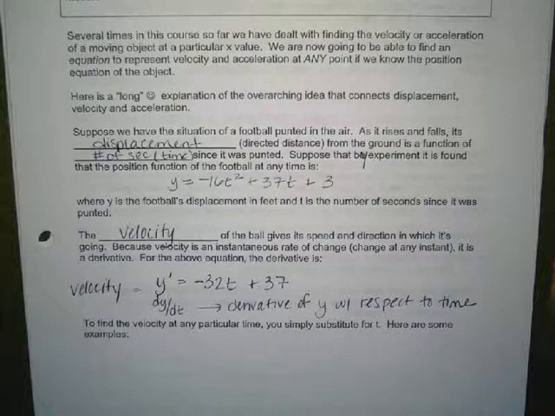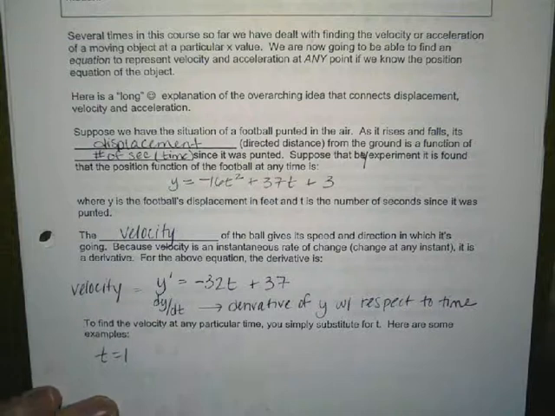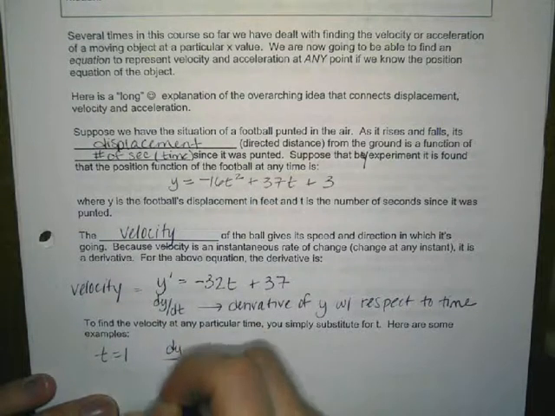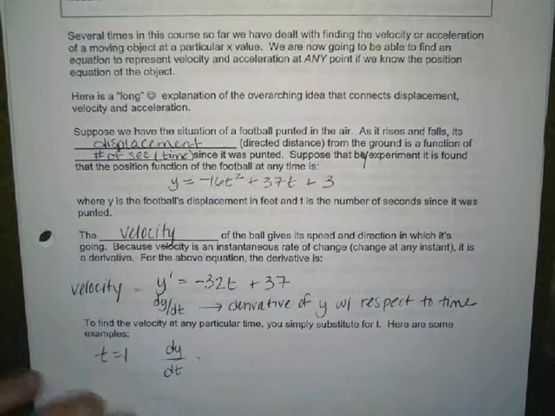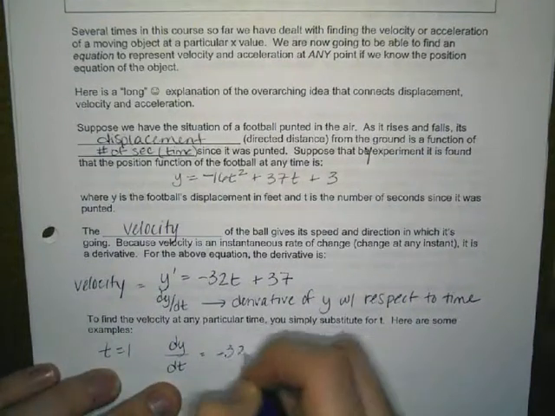To find the velocity at any particular time, we simply substitute for t. If I want to find the velocity at time equals 1, your velocity, or derivative of y with respect to time, is that function.